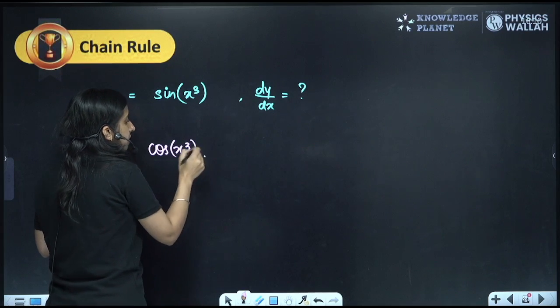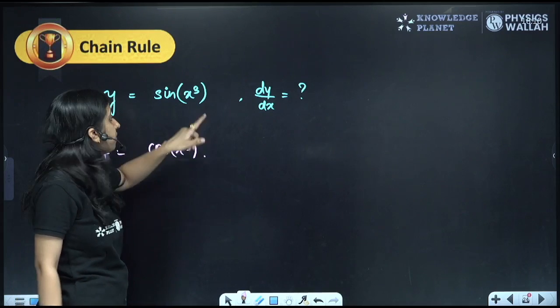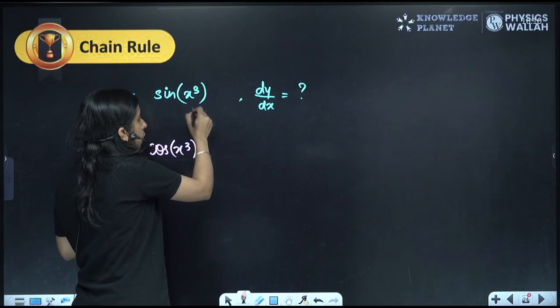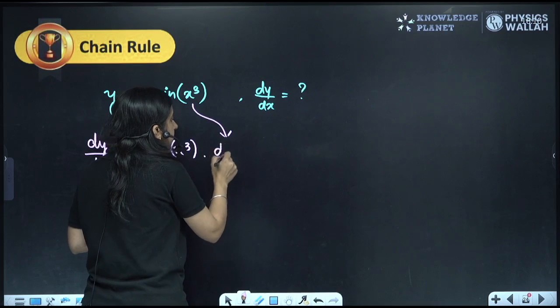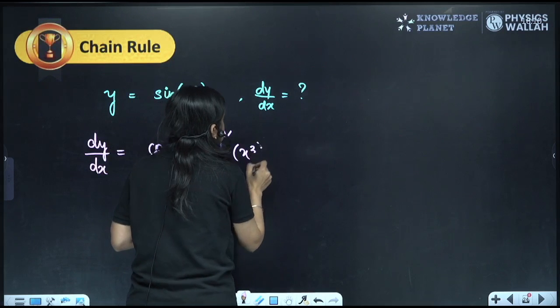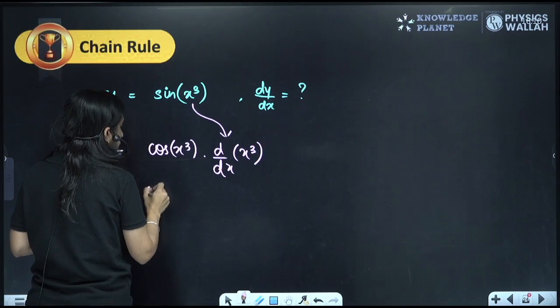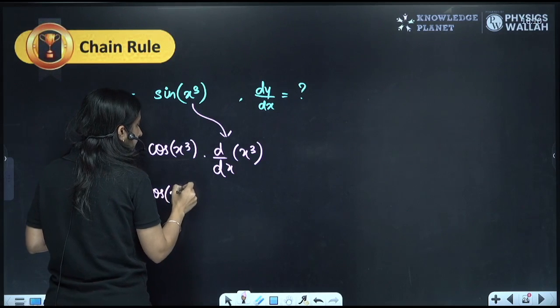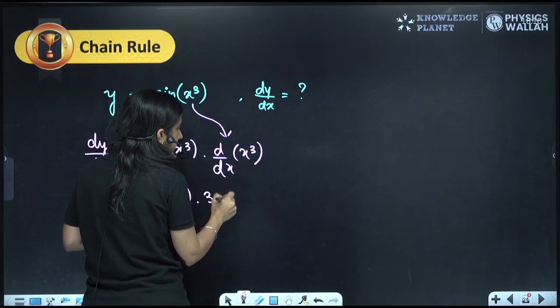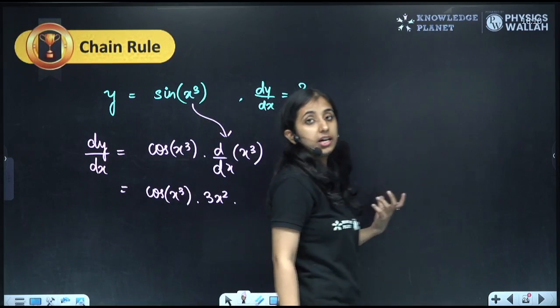But because we were not given x, we were given some function of x instead, differentiate this function further. It will become cos of x cube into 3x square.